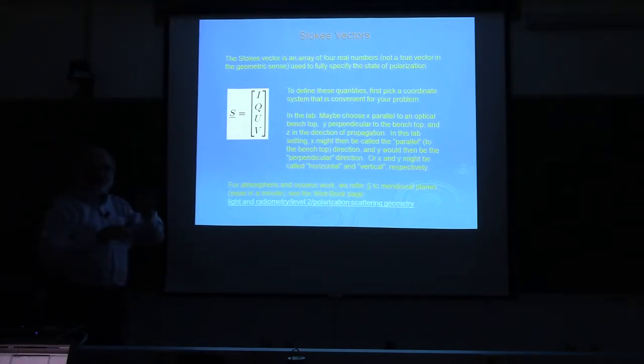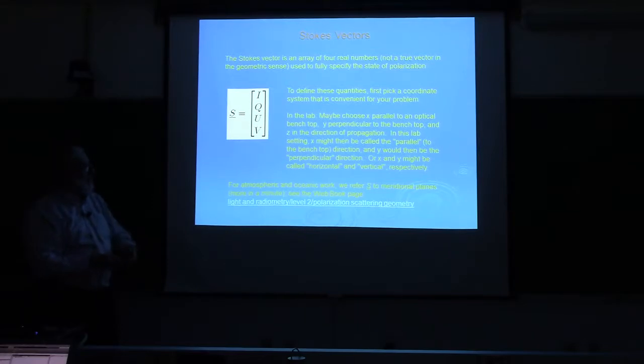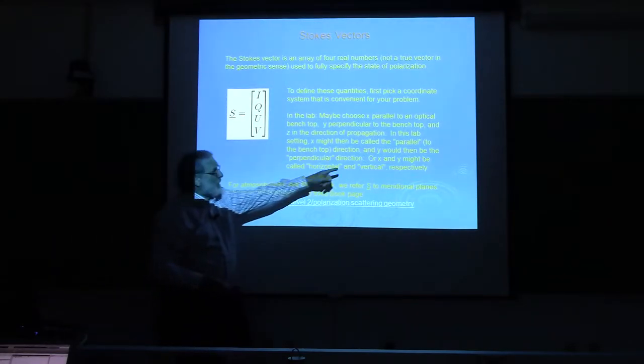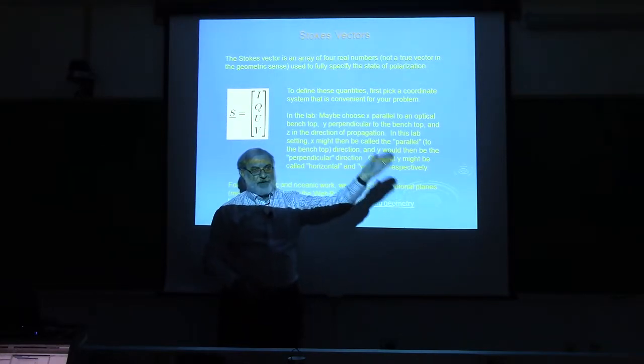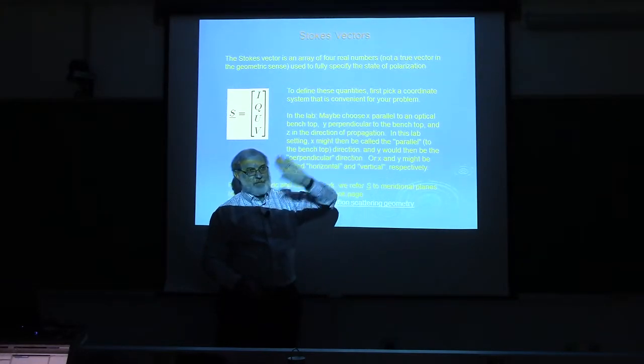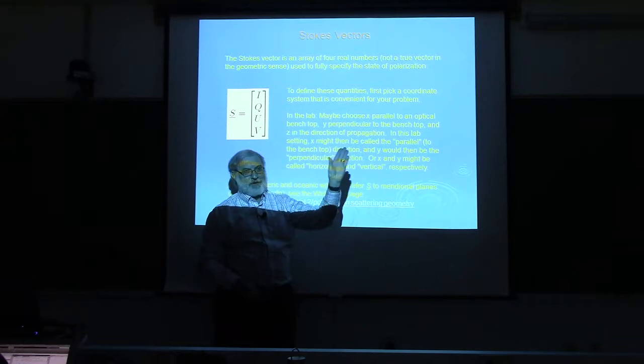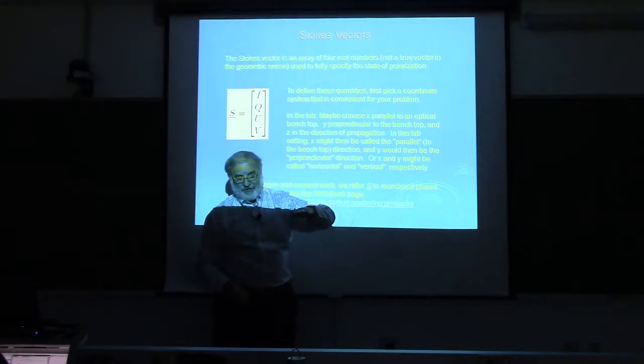The catch is when you read an oceanography paper, they don't have a bench top, they will pick a direction that's parallel to the sea surface and perpendicular to the sea surface. And then they may call parallel, meaning parallel to the plane that's perpendicular to the sea surface. So that's maybe the vertical, but somebody else's parallel may be horizontal.